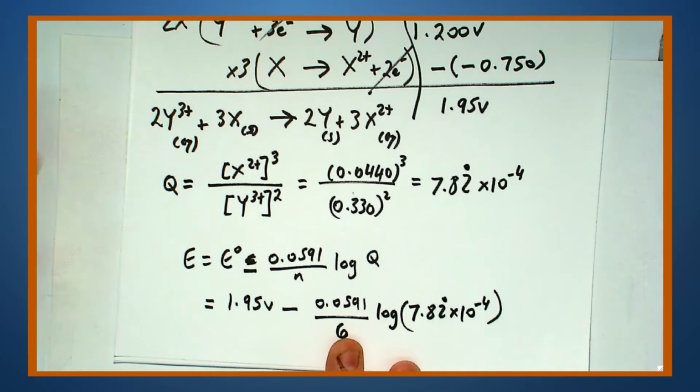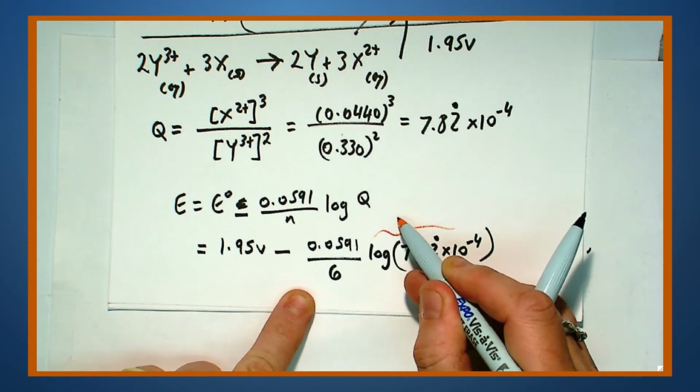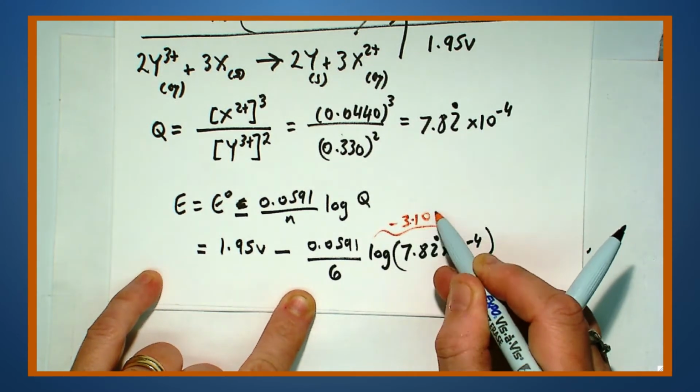Now let's just start putting the pieces together. All right, so we've got 7.82 recurring, and we're going to take the log of that. So that comes out to 3.1. This part, I'm just going to write some comments above. This comes out to minus 3.10667.